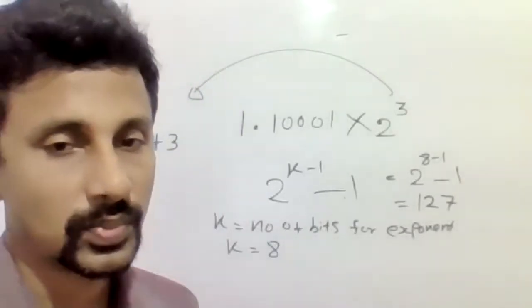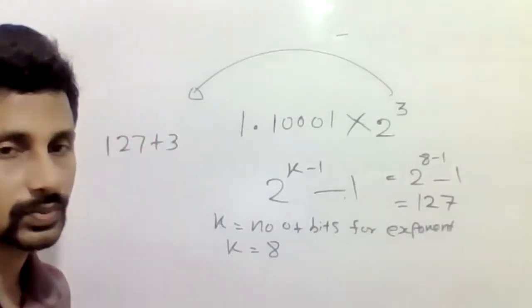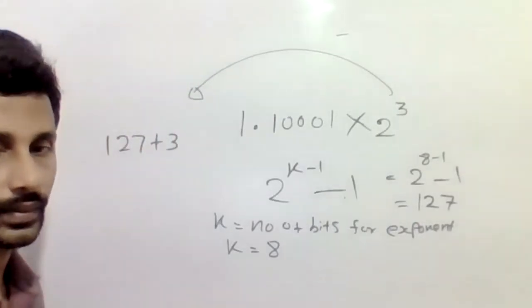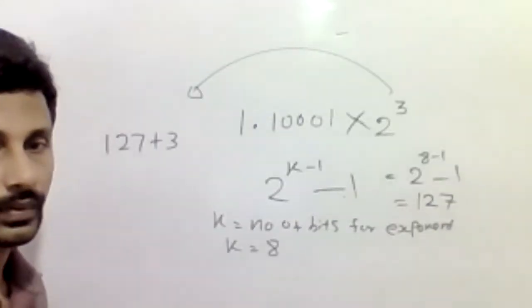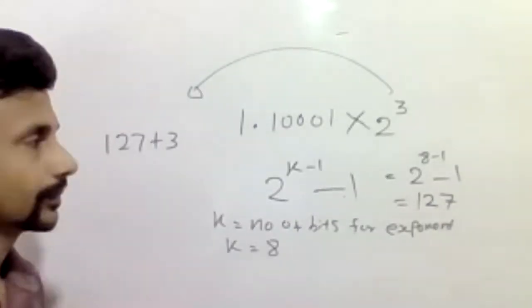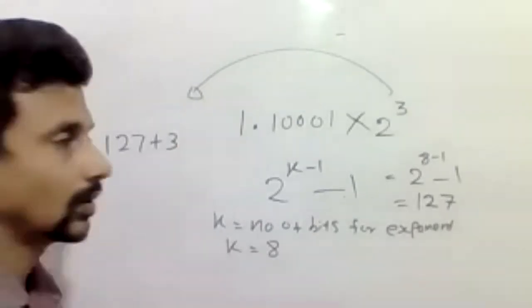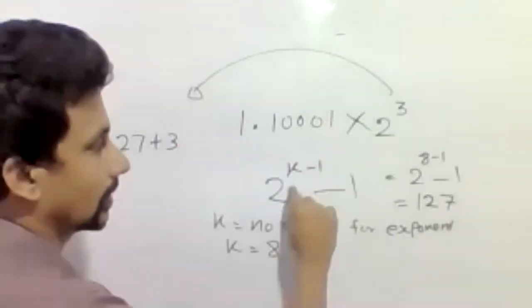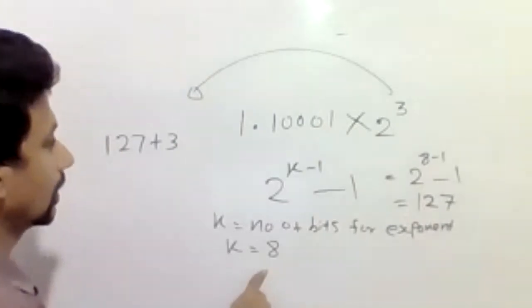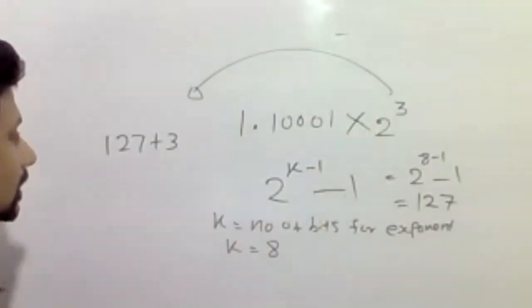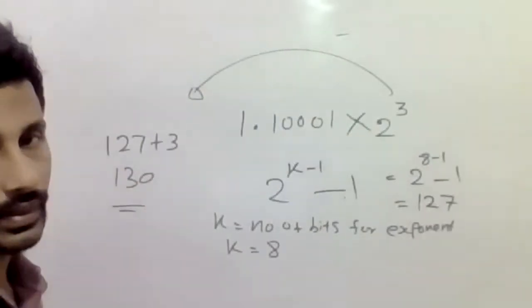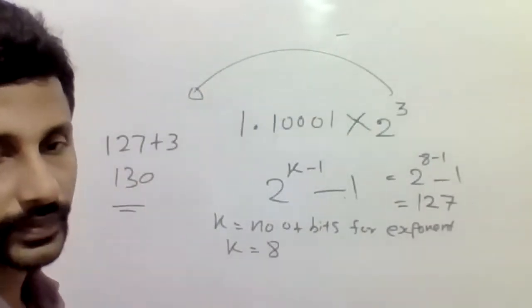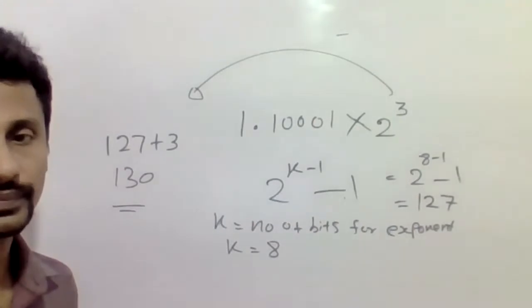Bias that value to get the exponent. Okay, take it down. First you take this down, then this part is adding. Your answer will be 130, which is the exponent. Take them down quickly.